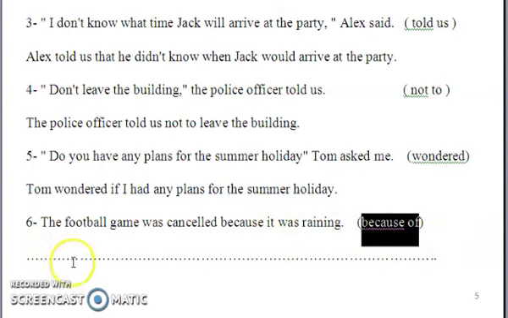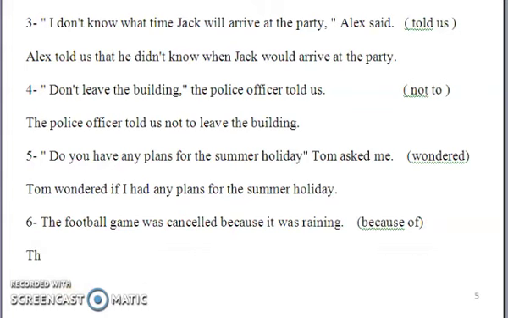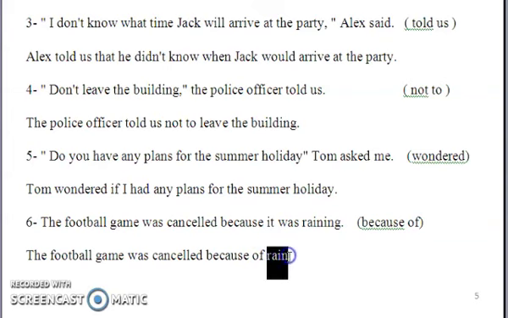So I can say the football game was cancelled because of rain. Rain here as a noun. Both answers will be correct. Here I used rain as a noun, not as a verb.